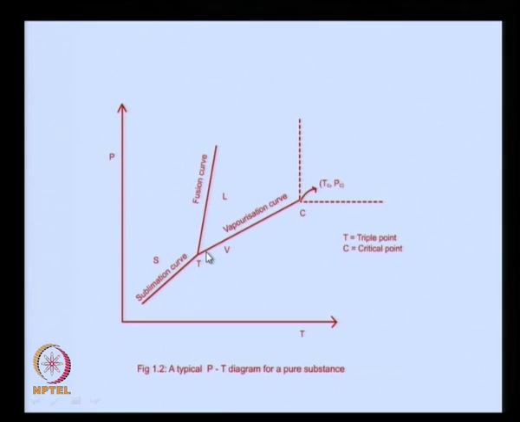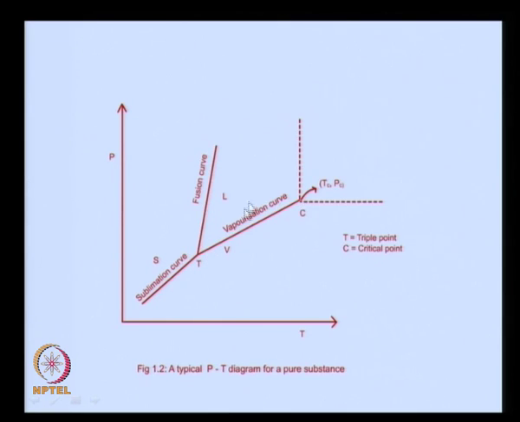This is the sublimation curve across which the solid to vapor transition takes place, which means along these combinations of temperature and pressure you have solid coexisting with vapor, and this is the vaporization curve.